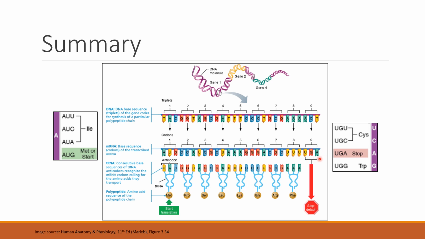Now there are 3 different stop codons, but for simplicity's sake, I just copied over and showed you this one. UGA means stop. See this mRNA, UGA means stop. Once the ribosome hits the stop sequence, it stops the synthesis, and the polypeptide is then sent off to do further processing to whatever it needs to be for the actual cell to use.